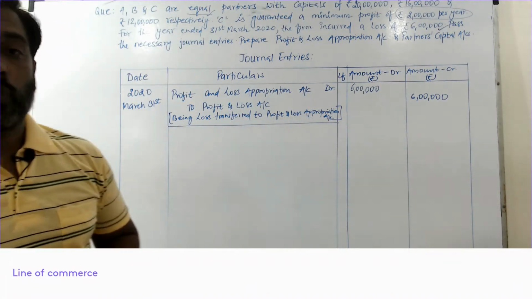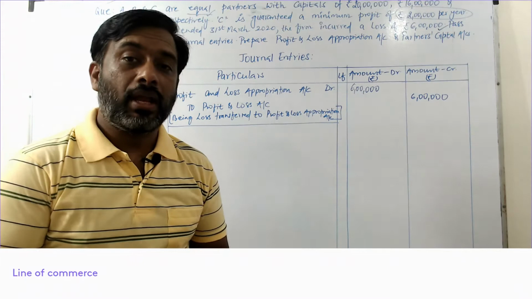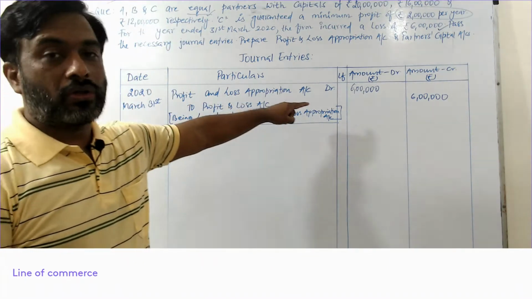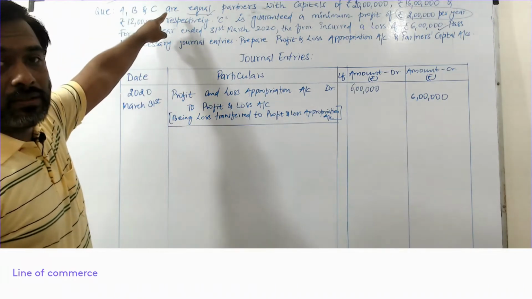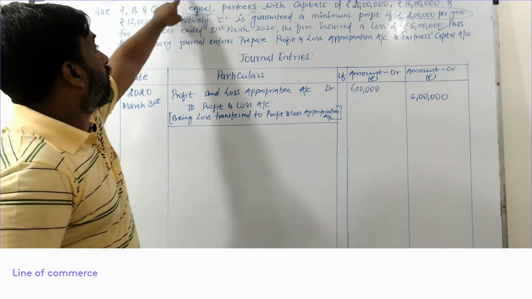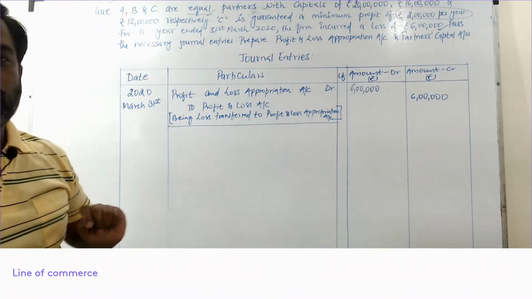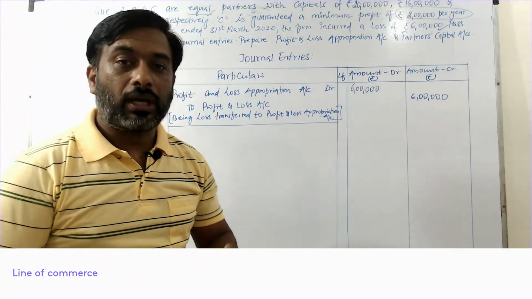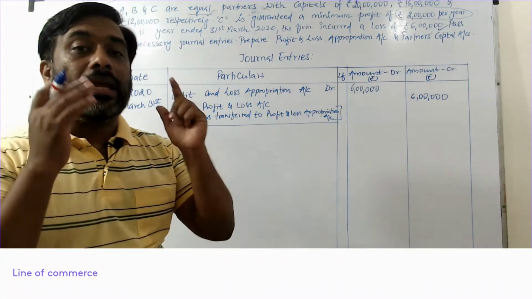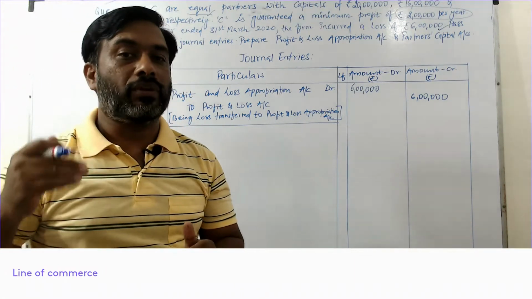Now, what is my next journal entry? I need to distribute this loss among the partners. A, B and C are the partners and they share profits and losses equally. So this loss of 6 lakh rupees has to be distributed among A, B and C equally. 2 lakh rupees for each partner.